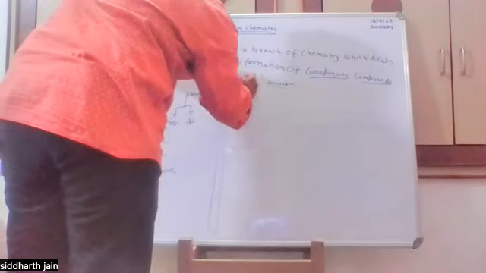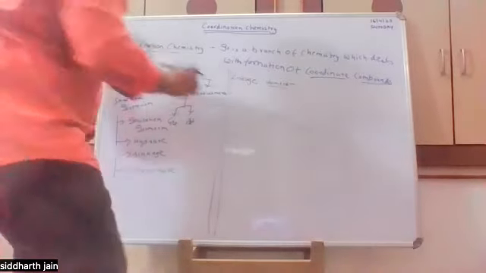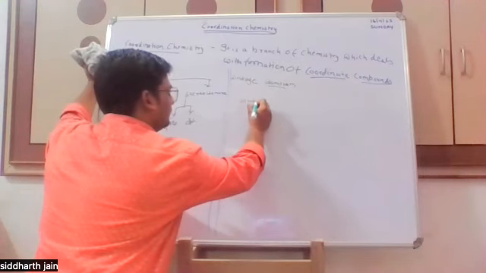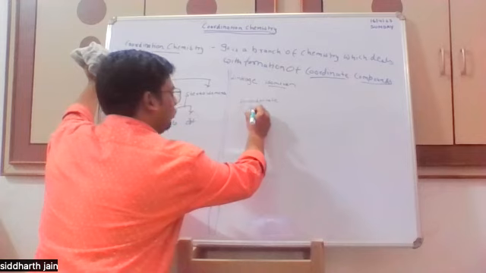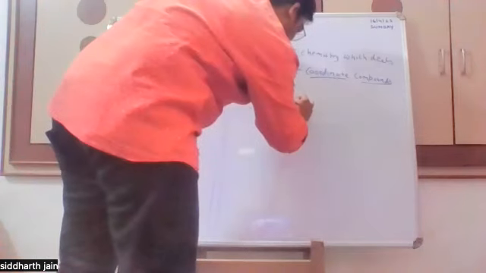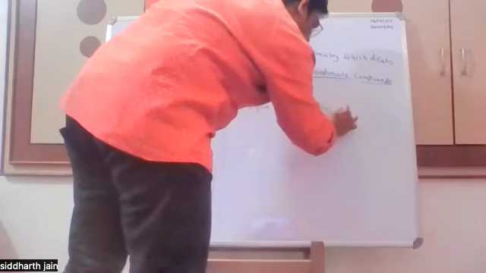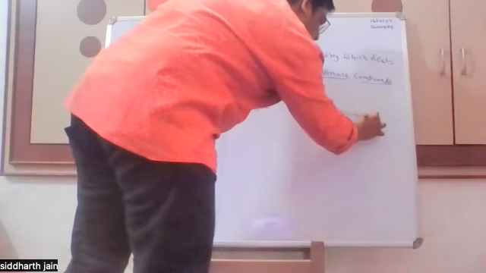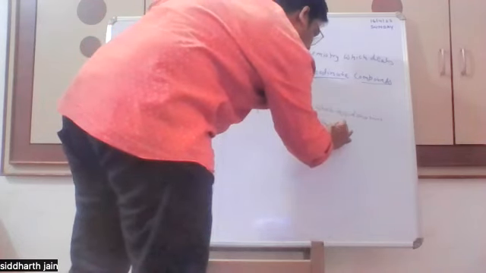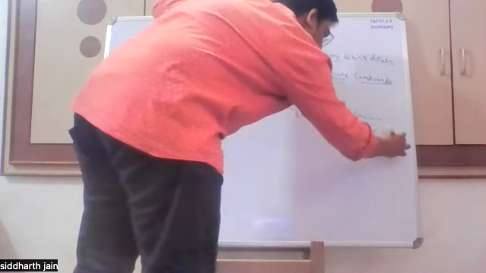Linkage isomerism is shown by a special type of ligands. What are these special ligands? These are ambidentate ligands. What are ambidentate ligands? Ligands which have two donation sites but can donate from one donor site at a time.